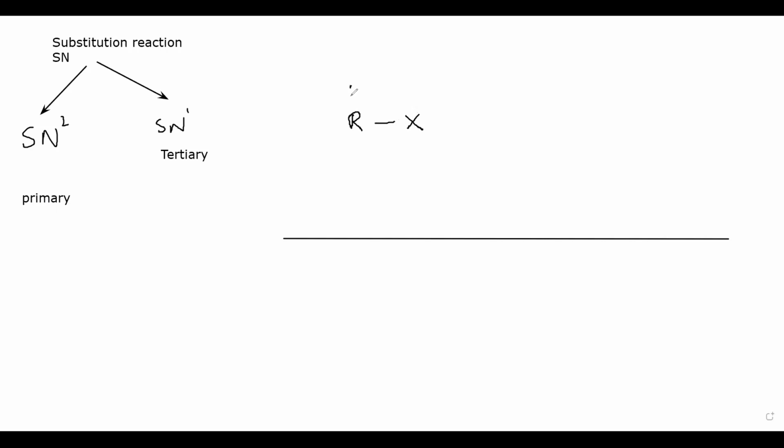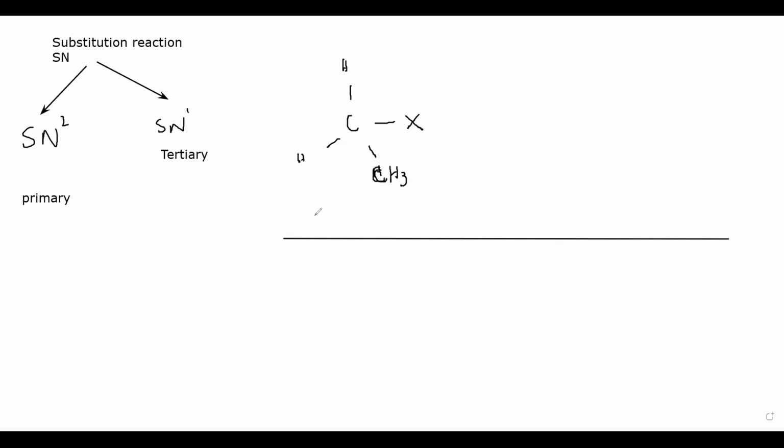Carbon can form four bonds, one with the halogen and the remaining with other groups. This is a carbon, this is also a carbon chain, so this one is a primary.